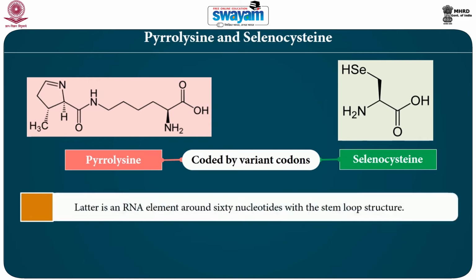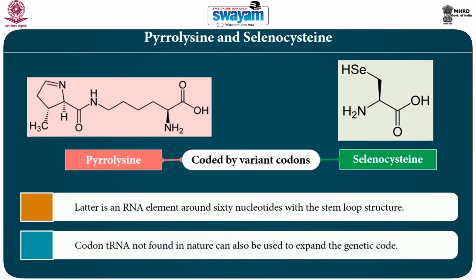This SECIS element is a RNA element around 60 nucleotides with the stem loop structure. Codon tRNA, not found in the nature, can also be used to expand the genetic code.